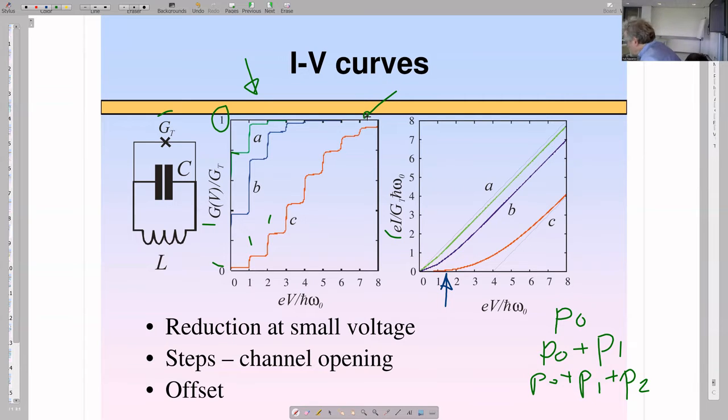There is some offset with respect to the linear law. It's small for A, bigger for B, large for C. This offset is precisely the energy which is lost, the average energy lost in the course of tunneling. This is EC.